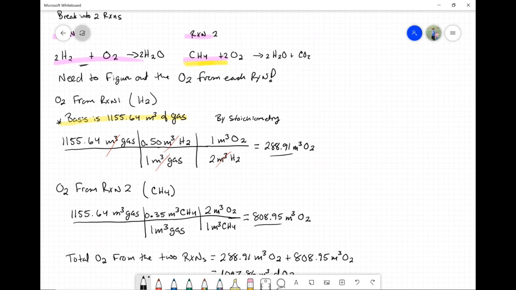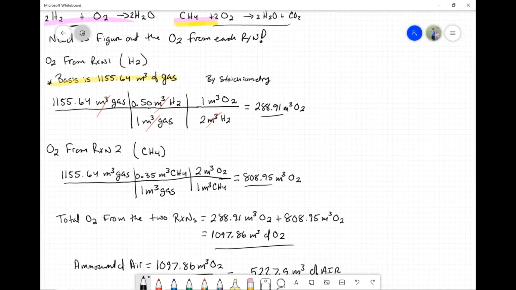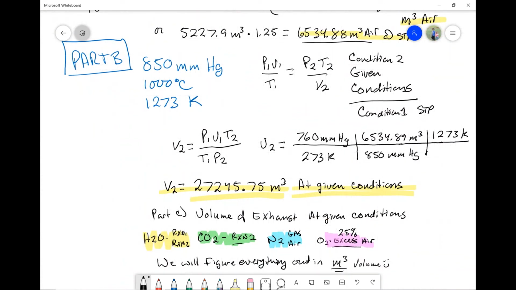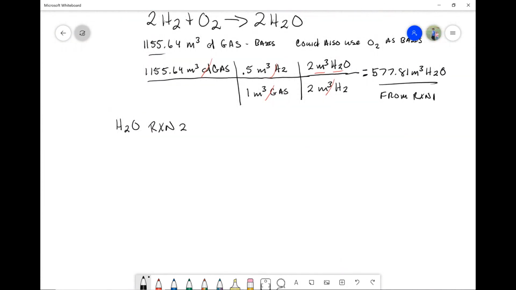CH4 plus 2O2 goes to 2H2O plus CO2. Oh, CO2.